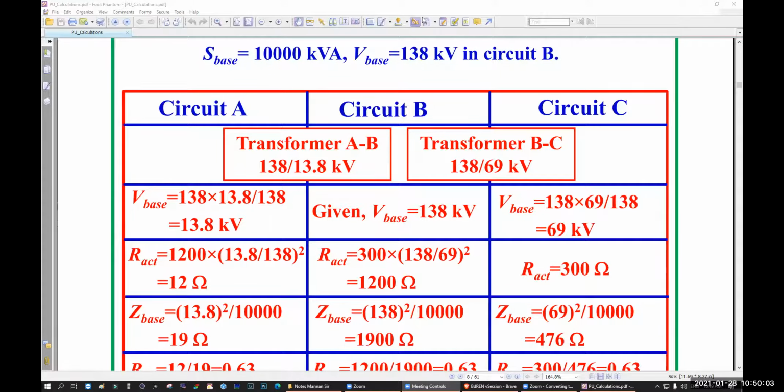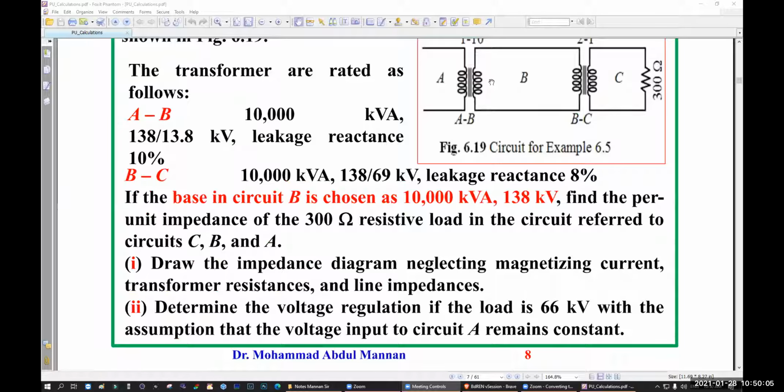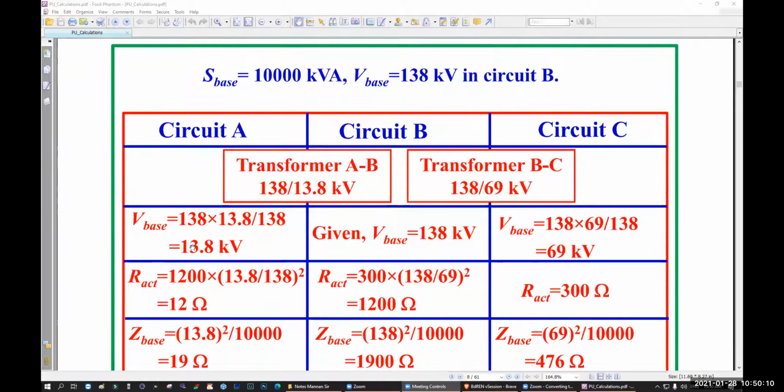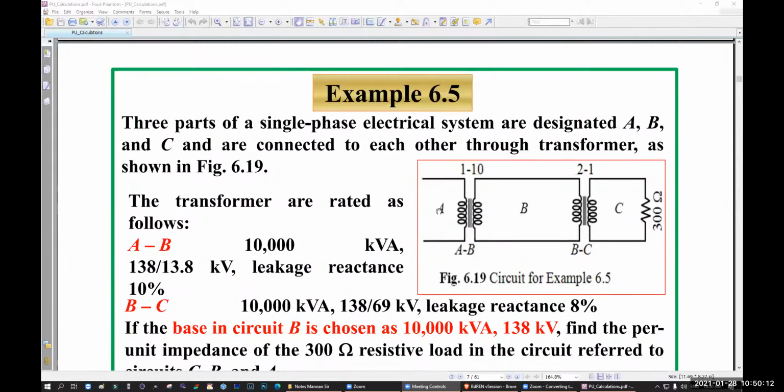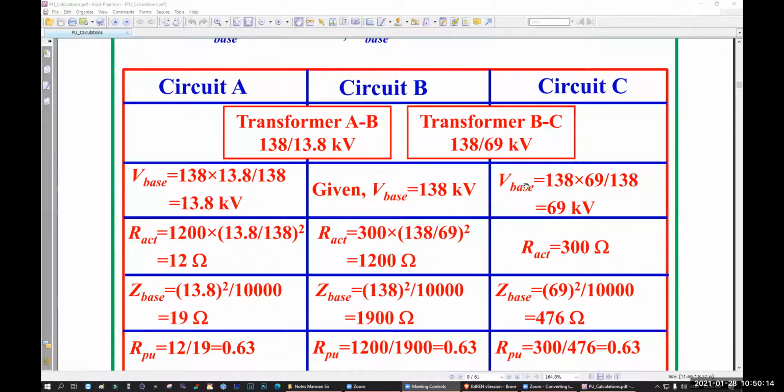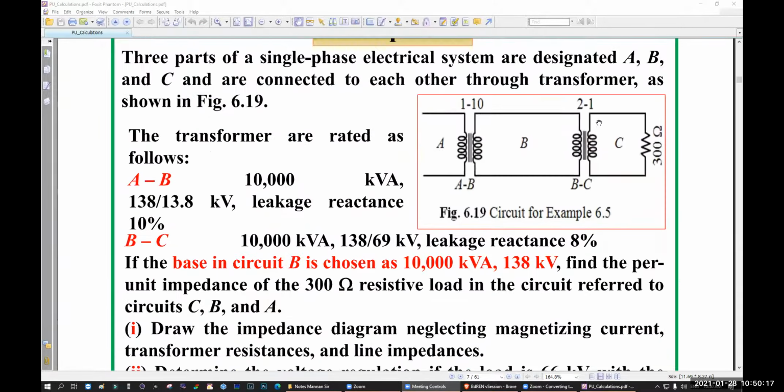Fortunately, whatever voltage we have here and the base are the same. That's why this value is equal to this value, and this base value equals the actual value, right?